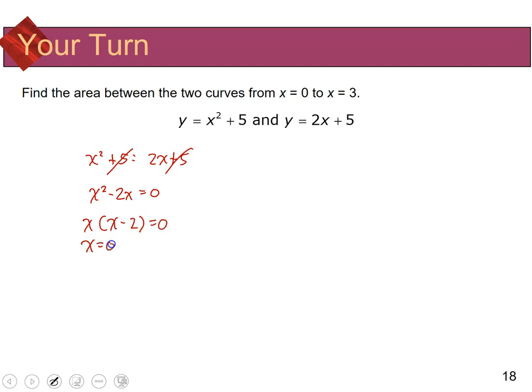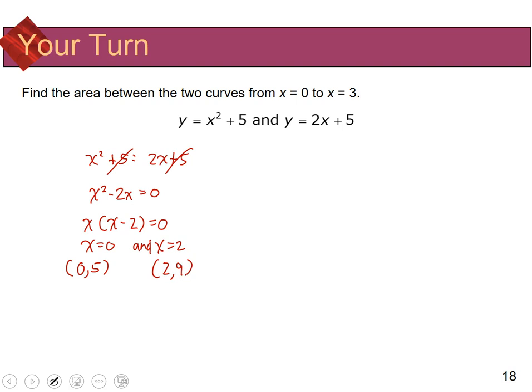That means x equals 0 is a starting point, it's an intersection point, and x equals 2. So these coordinates would be 0, 5, and I'm just plugging it into either one of the two functions. This would be 2, 9.